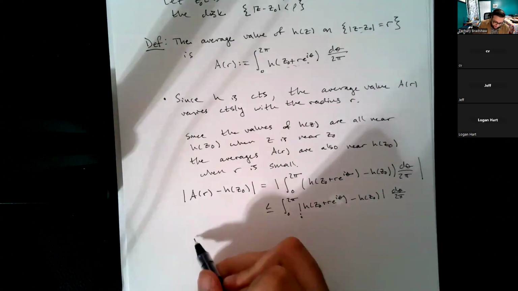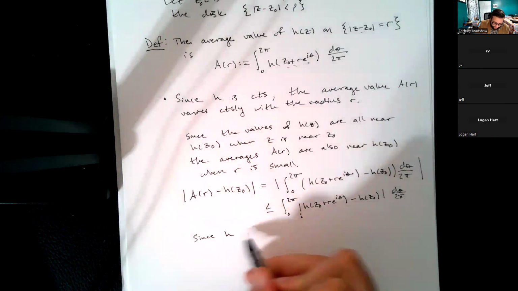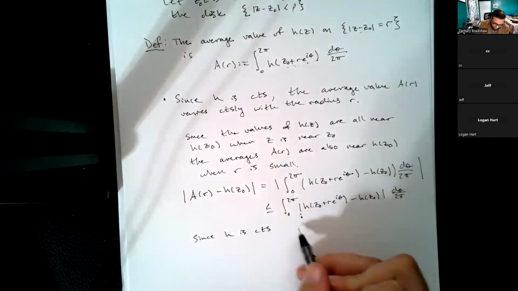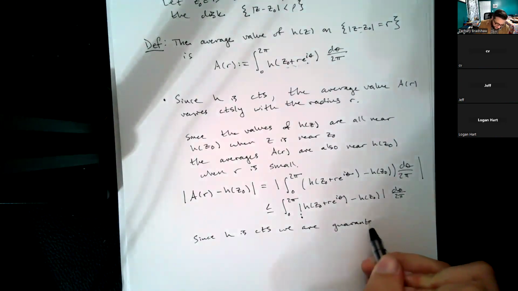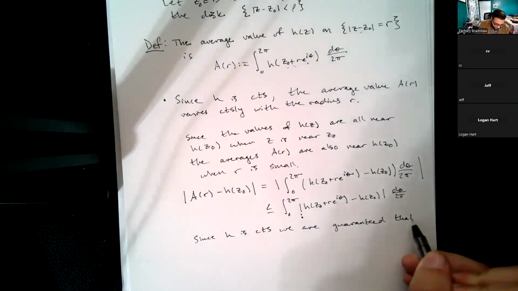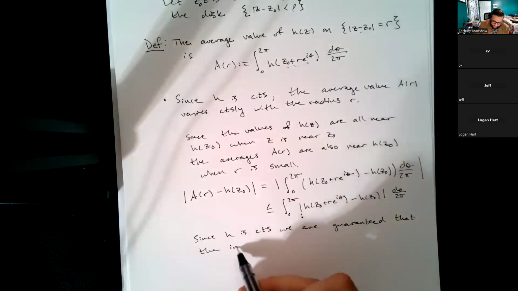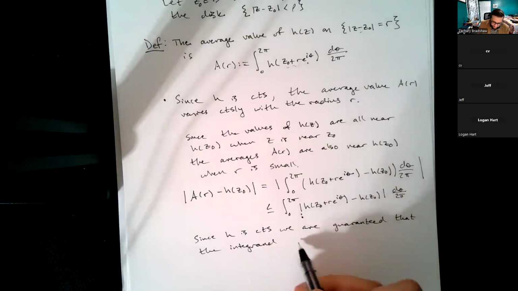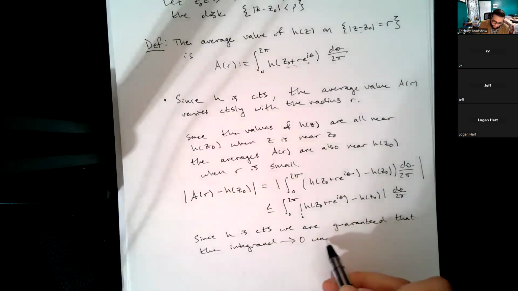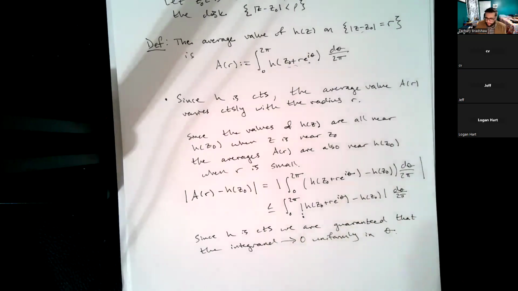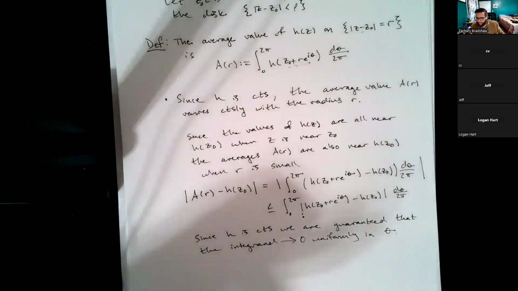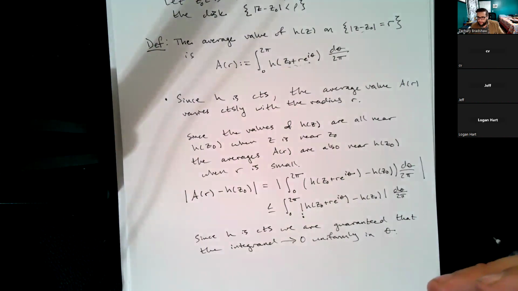Okay, so since h is continuous, we are guaranteed that the integrand approaches 0 uniformly in theta. So why? Well, remember when we're talking about continuity, how is it defined? It's defined in terms of limits, right? And what do we mean by a limit in the complex plane?